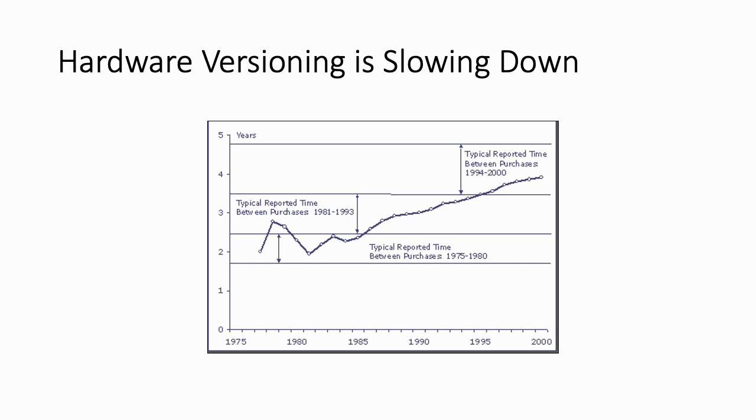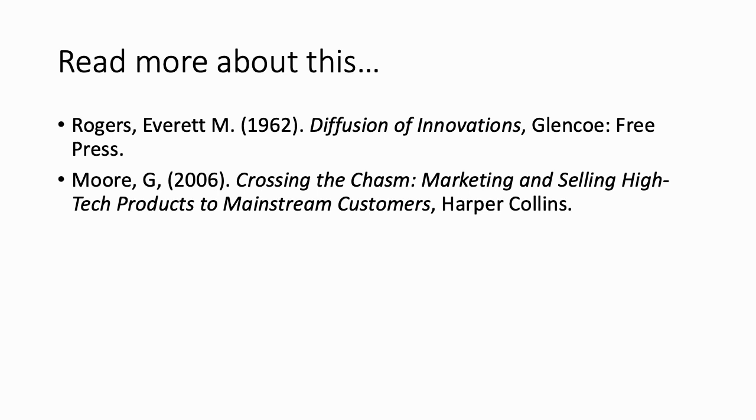So this is just a quick snapshot about technology adoption. Very quick, because of the two references I'm giving you here, if you're really interested in this topic, the Bible is Rogers' The Diffusion of Innovations, the most comprehensive book on innovation and how it approaches a market that's ever been written.